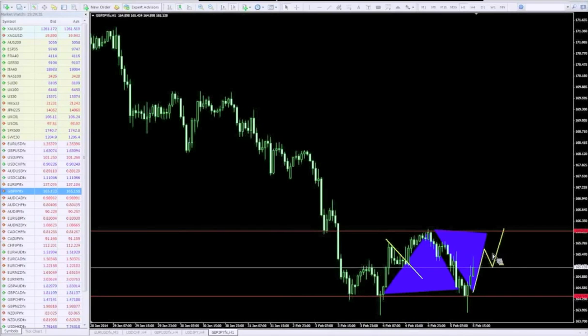Okay, now the DNA of these triangles. I generally like to see triangles that are at least 5 candles or more wide. The wider, the better. Okay? So again, each formation has a certain block of candles that I like to see.